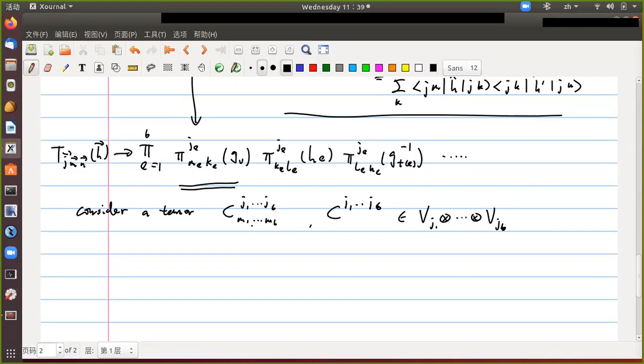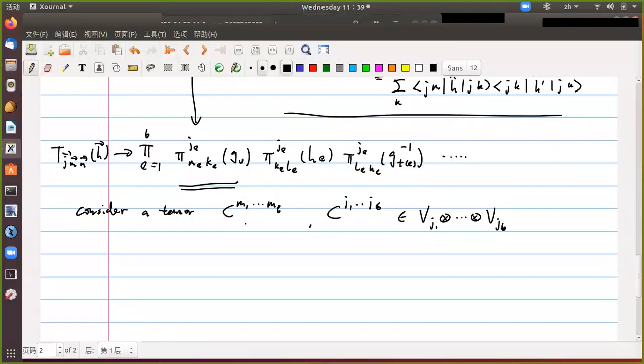In my notes I put the m downstairs, but according to our convention for tensors, I should better put the indices upstairs. So here j1 to j6 is just a label, labeling the Hilbert space this tensor belongs to, and the tensor components are m1 to m6.